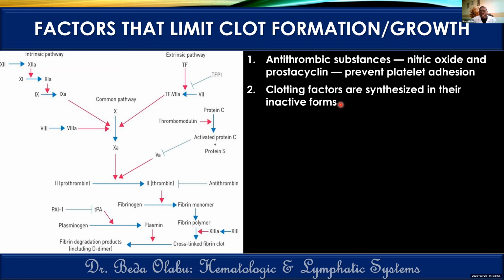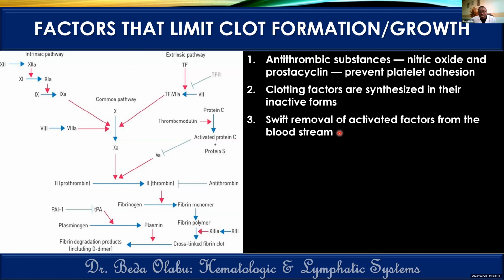The other mechanism that helps to prevent or limit clot formation is that the clotting factors which are there in the bloodstream are actually synthesized not in their active form, but in their inactive form. So they are not yet activated. They require activation.